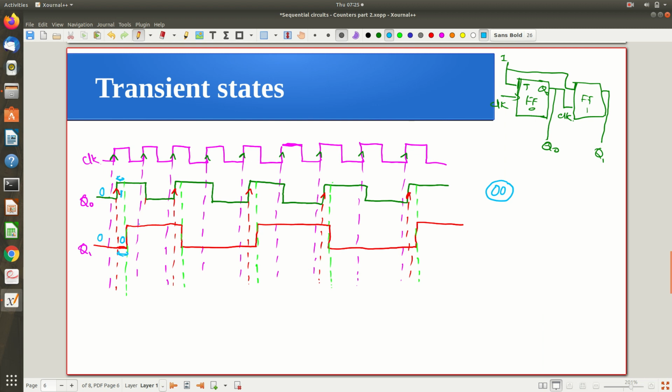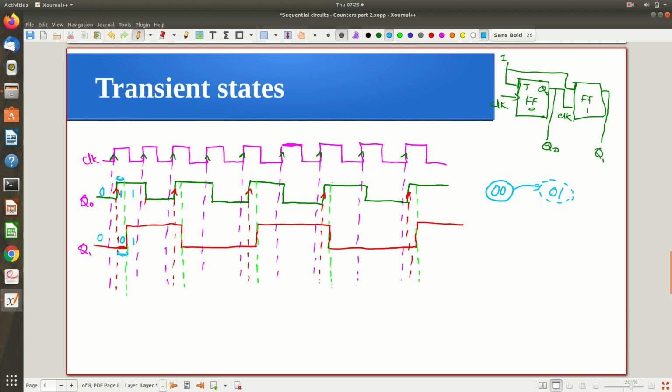Now after the small duration of time, Q0 will retain that 1 and Q1 will change to 1. Fine. So if you are looking at it, actually we are expecting that 1 1 as the next state of the flip-flop, but instead of that we are getting something like a 0 1, and that 0 1 will last for a very small duration of time.